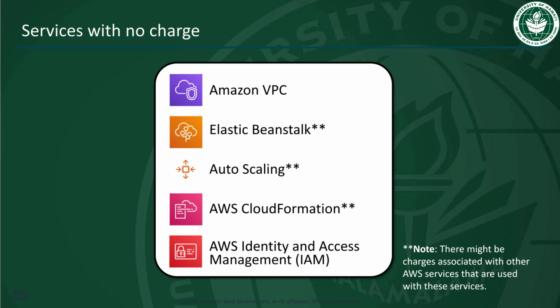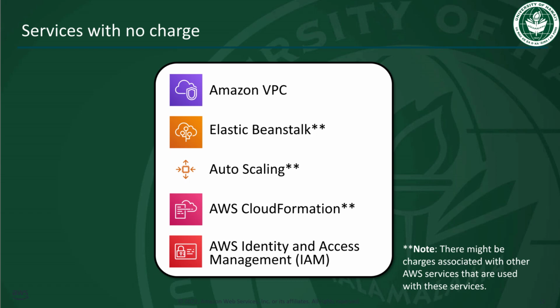What's the real important part here? There are certain services that are fundamental to AWS for you to be able to use it, and you're not going to be charged, like Amazon Virtual Private Cloud. Before you can build services that are actually going to be useful for your company, you need to have that network playground, if you want to call it that, for you to start setting things up. Amazon's not going to charge you to use that, or auto scaling, or access management, just because you need those things to be able to function.